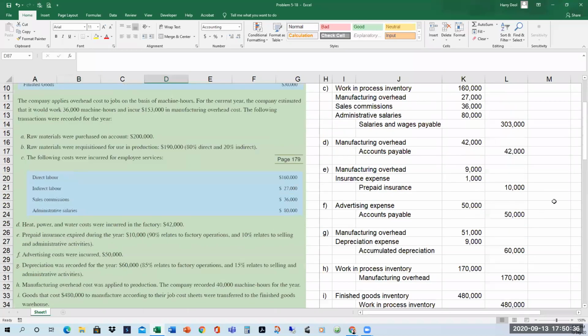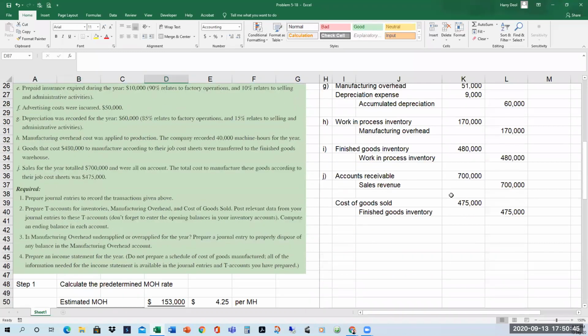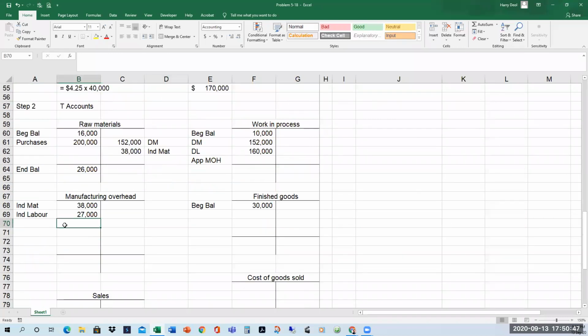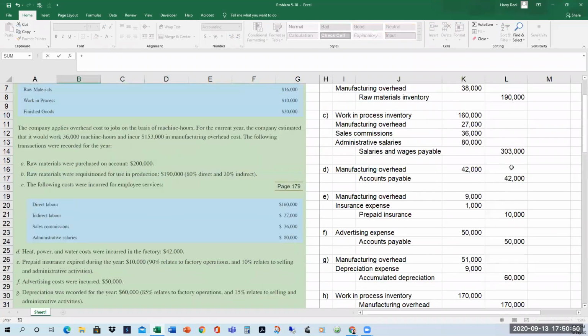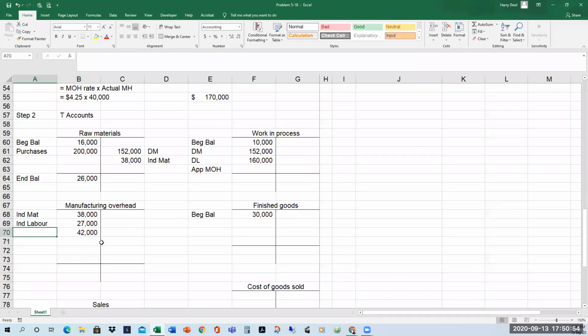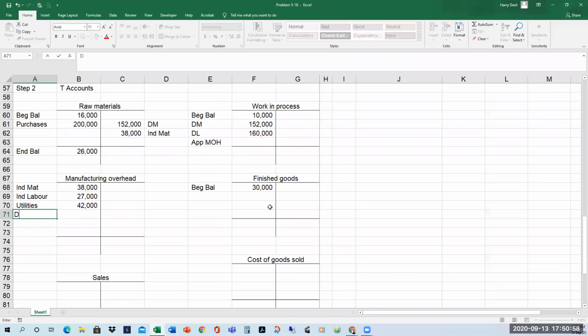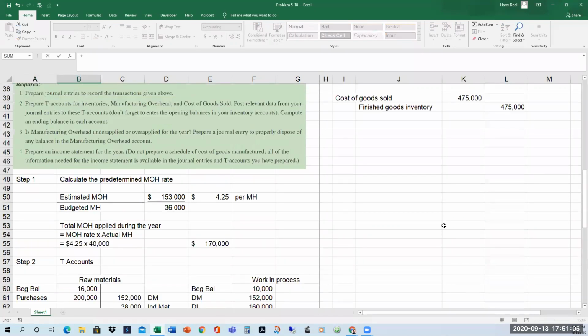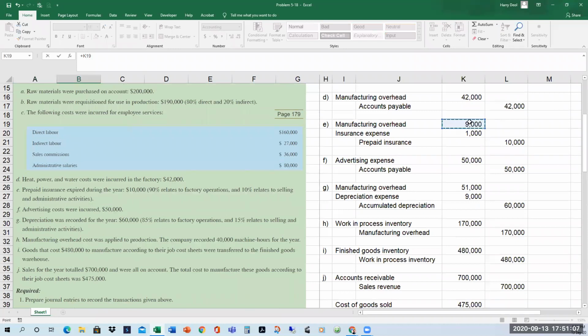Next up, we have the incurrence of manufacturing overhead for utilities costs, $42,000. So debit manufacturing overhead, $42,000, and that's basically for the utilities. And then for the depreciation, we want to debit manufacturing overhead for $9,000.